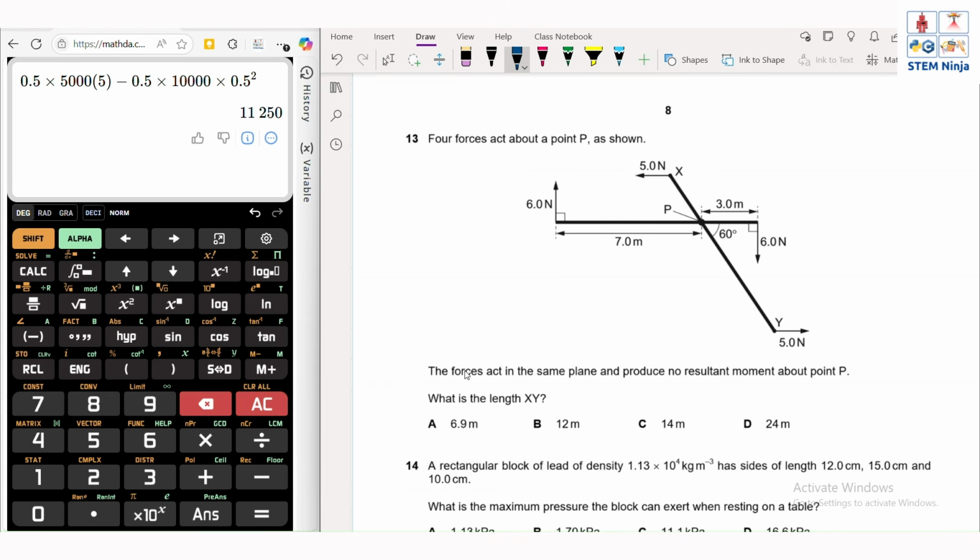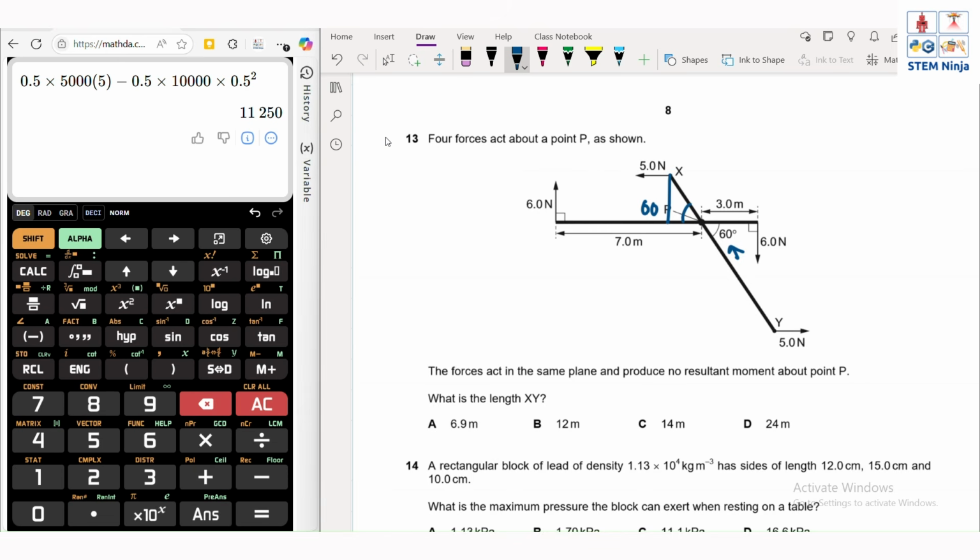Okay, so what we need simply over here is the net moment. So we need an expression for the net moment. If this is 60 over here, this angle is 60 also over here. So we need the perpendicular distance, but we don't know what the length is.